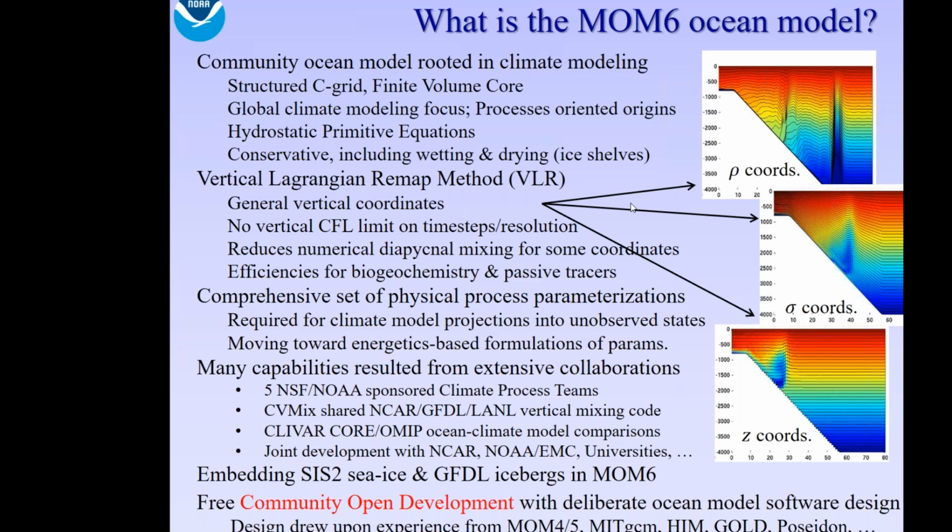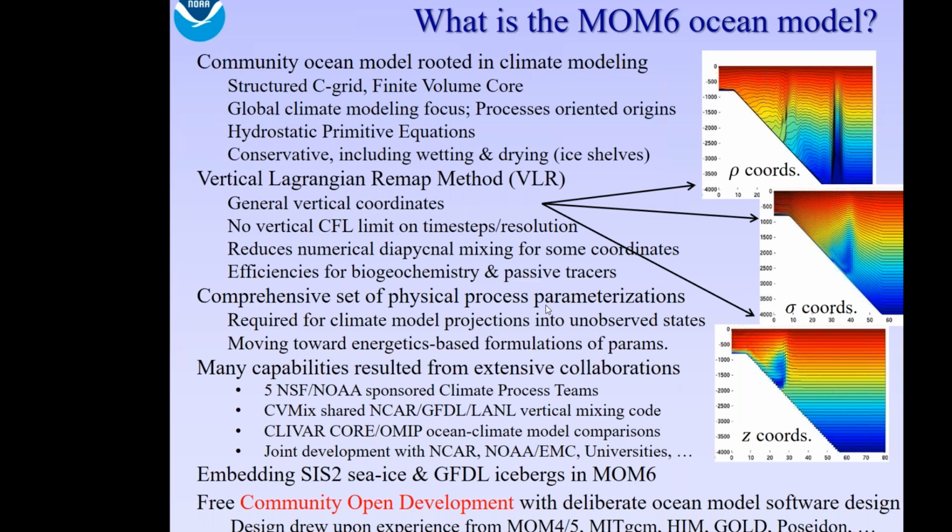Now, MOM6, with many contributions from the communities and extensive collaborations, has become fairly comprehensive in its list of available physical process parameterizations. Essentially, we have everything that would be required for climate model projections, including parameterizations that are designed to work even when they're outside of the observed range of conditions.